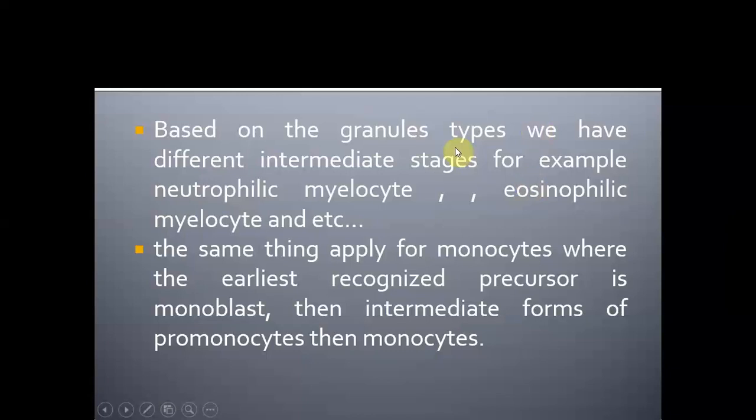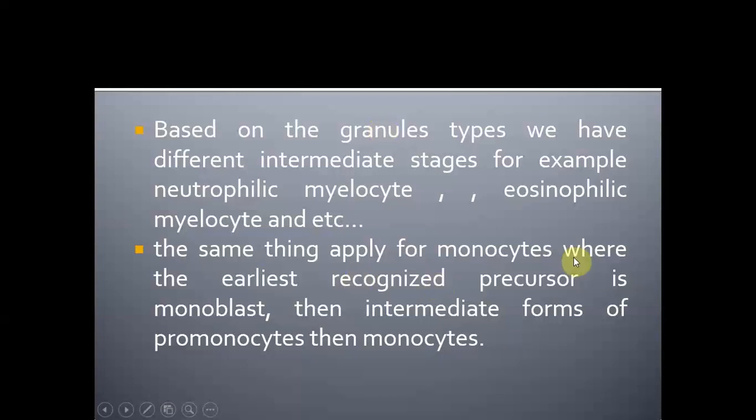Based on the granule type, as we said, we have different intermediate stages. Differentiation between eosinophils, basophils and neutrophils starts where? It starts from the myelocyte stage. We can have a neutrophilic myelocyte, eosinophilic myelocyte, and then neutrophilic metamyelocyte, neutrophilic band stage, and finally neutrophil. The same thing applies for the eosinophilic myelocytes and the basophilic myelocyte, and so on.